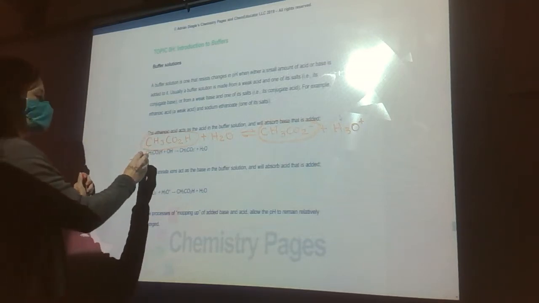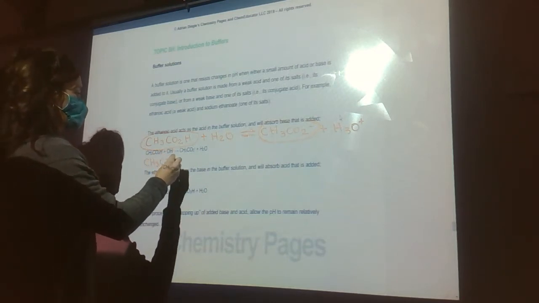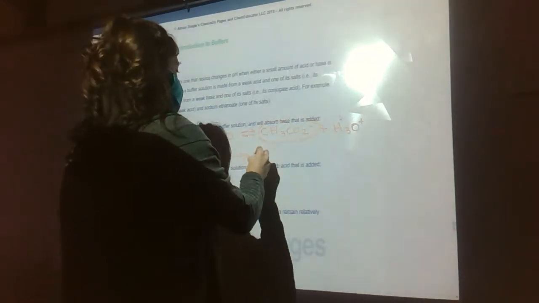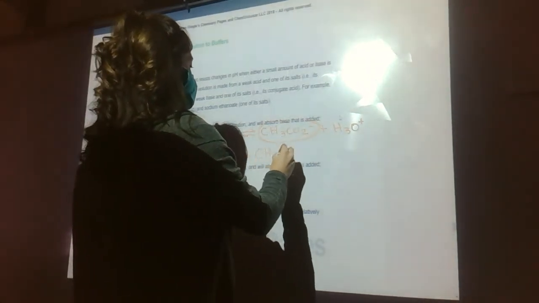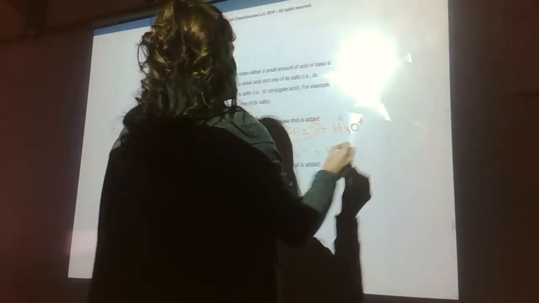Okay, so if I add hydroxide to this solution, the acid part of it reacts and makes more of the ion and water.